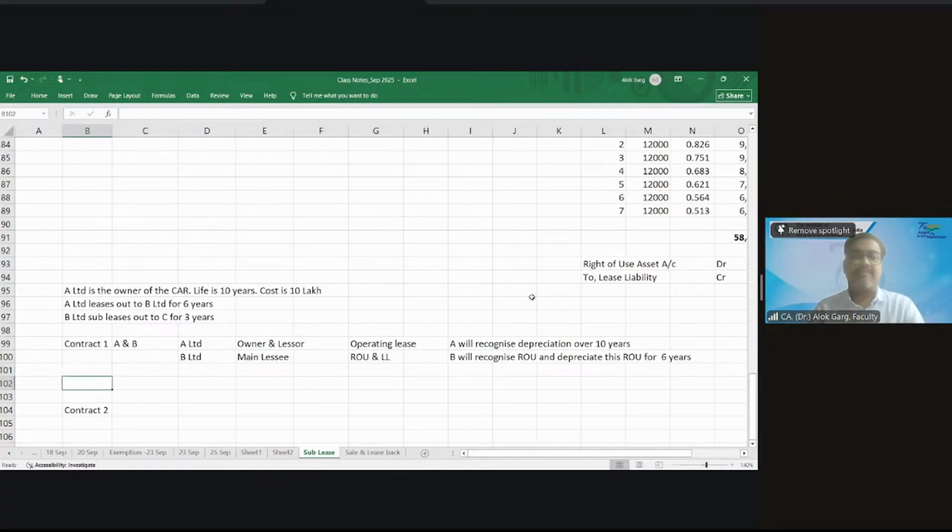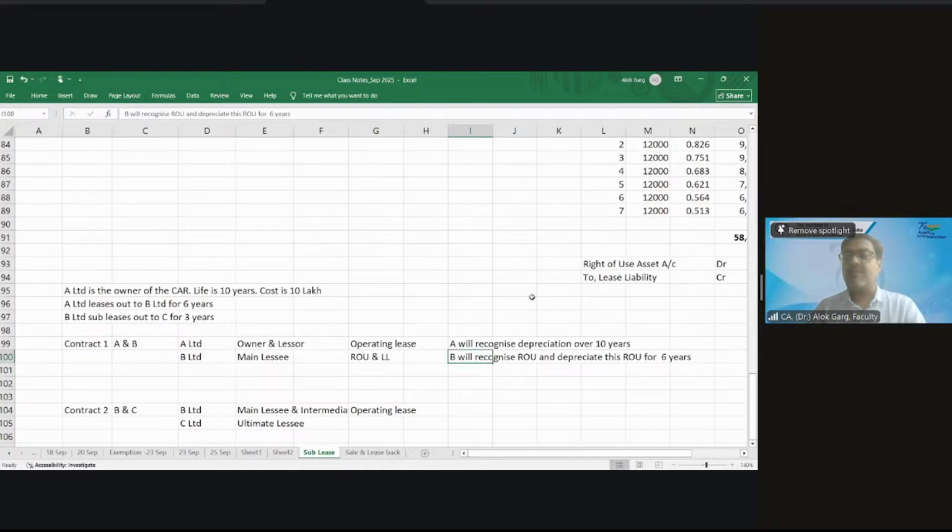Now contract number 2, between B and C. No one is the owner, neither B nor C. B Limited is the main lessee and intermediate lessor. C Limited is the ultimate lessee. This transaction is an operating lease again.